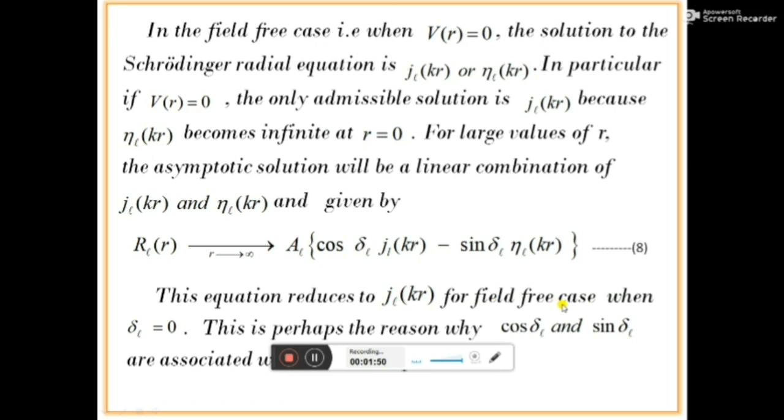Here in the field free case, the change in phase angle del L is equal to 0. Therefore, when V of r is equal to 0, del L equal to 0. If del L equal to 0, sin del L is equal to 0. Therefore, RL of r when r tends to infinity is AL into cos del L JL of kr. Therefore, the only admissible solution is JL of kr.